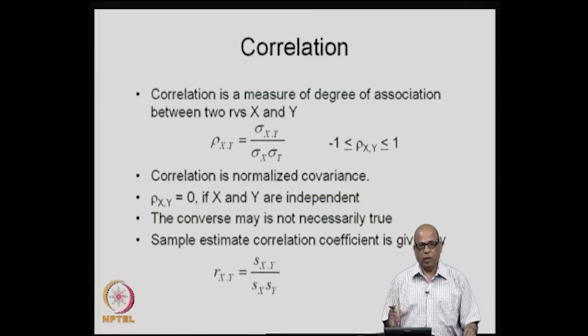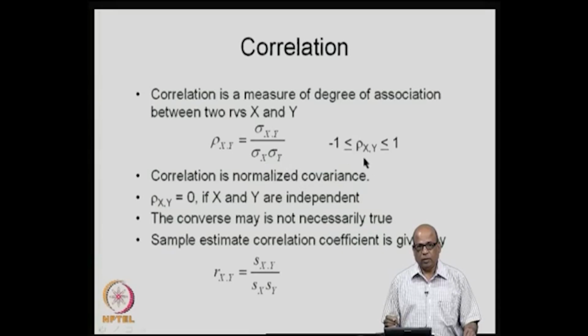If your rainfall was in millimeters and runoff was also in millimeters, then the covariance of rainfall and runoff would have units of millimeter square, and the standard deviations of x and y will be in millimeters. Therefore, the rho x y that you get, which is a correlation, is a unitless parameter, and it is thus a normalized covariance.